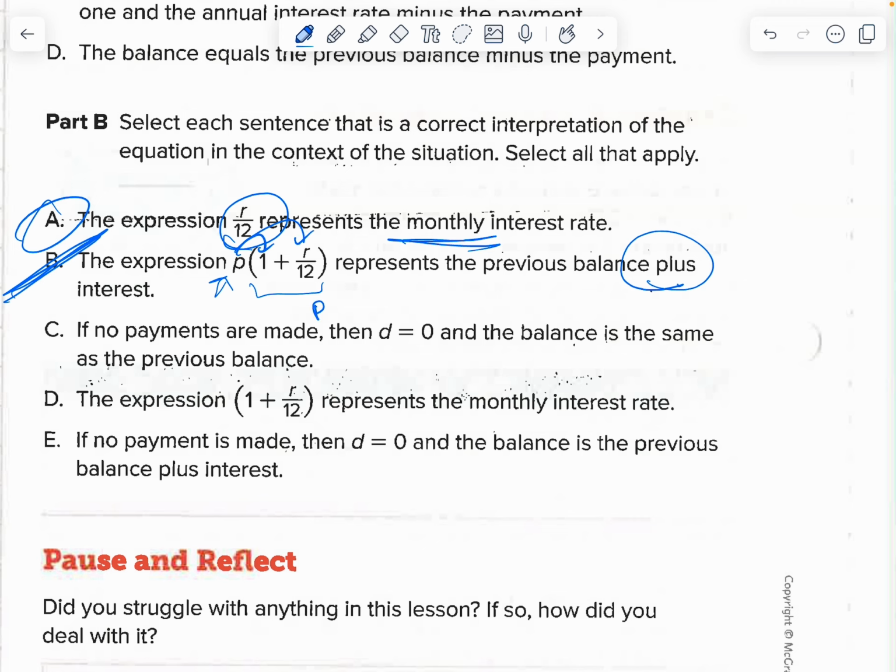If you were to distribute this, then it would be correct. If no payment is made, D equals 0 and the balance is the same. No. The expression this right here represents the monthly interest rate. No. If no payment is made, then D equals 0. The balance is plus interest. Yes.